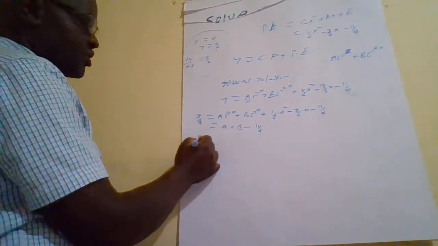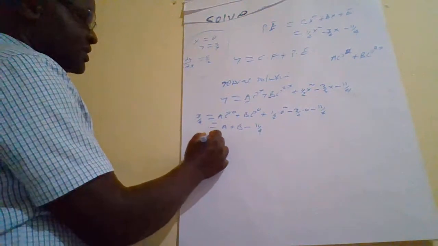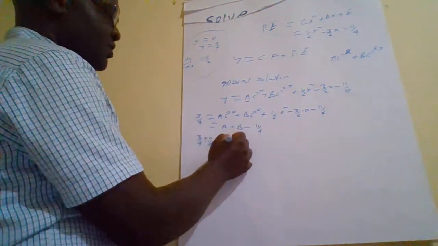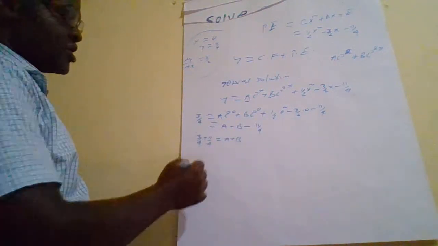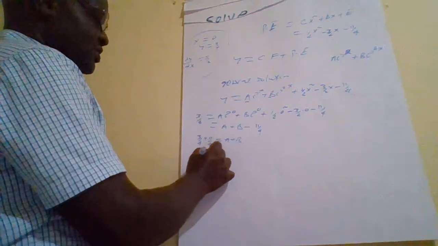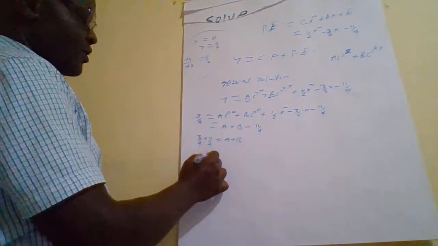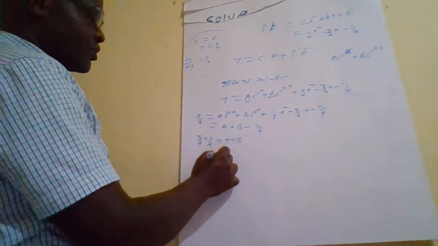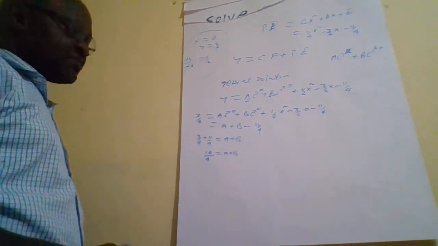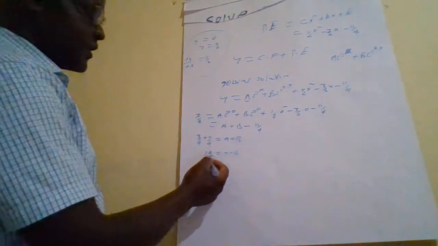So we have 3/4 plus 11/4, which equals a plus b. So 3/4 plus 11/4 is 14/4 equals a plus b.